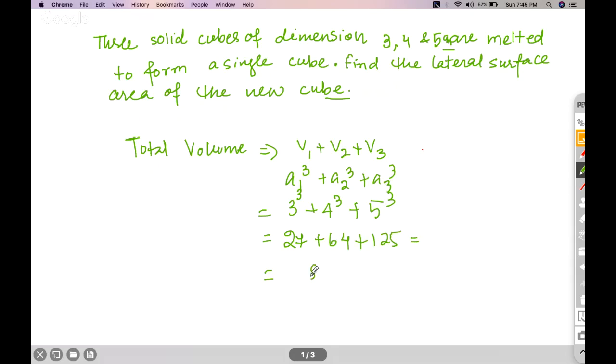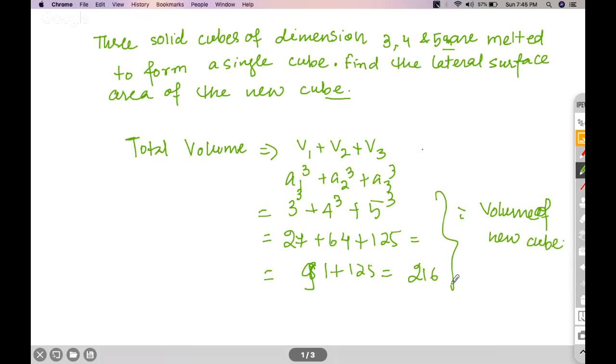This gives me 91 plus 125, which is 216. And this total volume should be equal to the volume of the new cube, which is a cube, and a comes out to be 6. So the side of the new cube is of length 6.